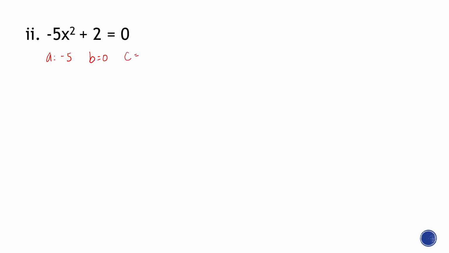So c is equal to +2. Okay, just to give you a reminder, not all quadratic equations have a, b, and c. But this is one thing you need to remember: it always has an a. Sometimes there's no b, sometimes there's no c, sometimes there's no b and c, but there will always be an a. Okay?